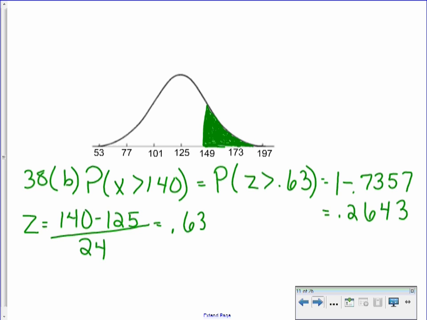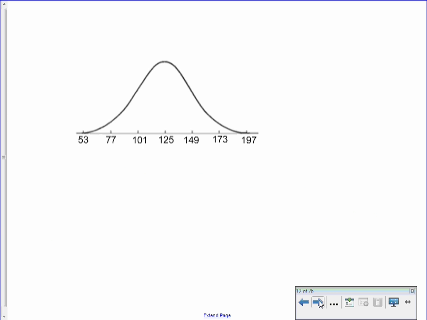Any other questions on that? Then let's go to C. C says the probability between 110 and 130 words.